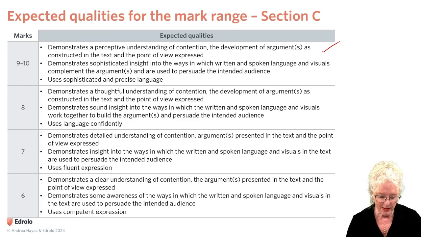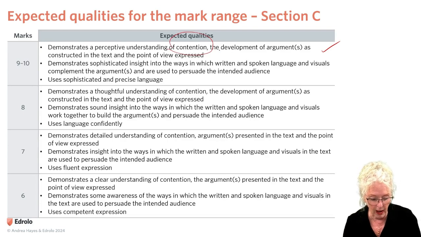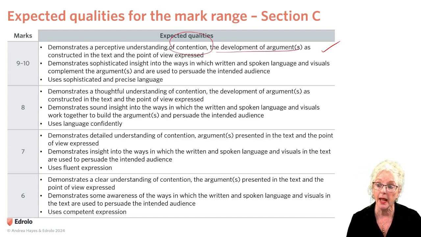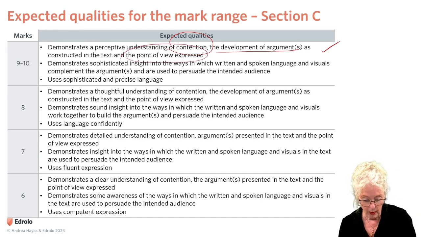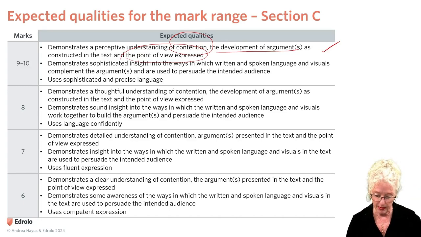Demonstrates perceptive understanding of contention. So let's look at what they're looking for. Development of argument really clearly, as constructed in the text, and the point of view expressed. So how they develop their point of view and construct their argument.